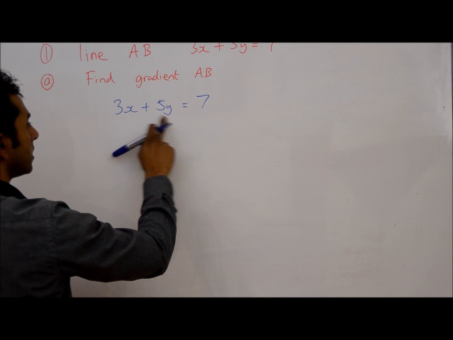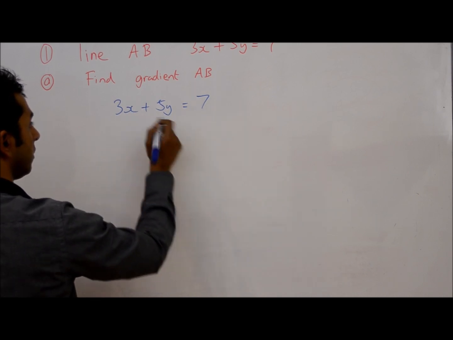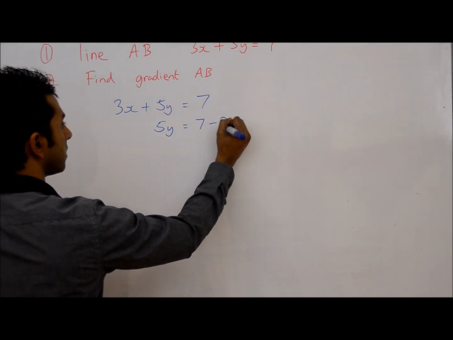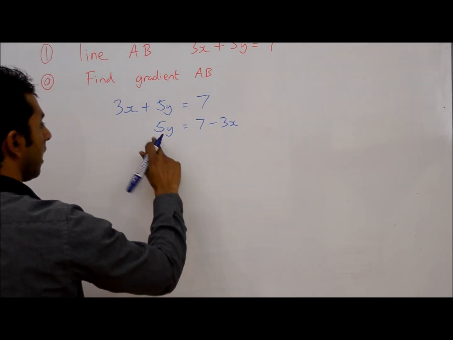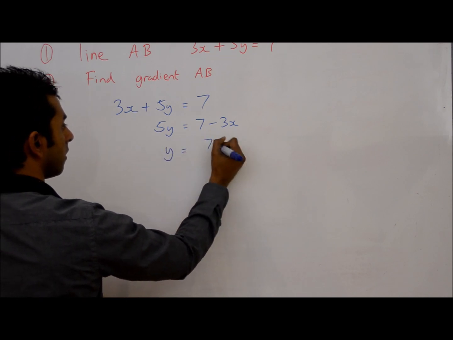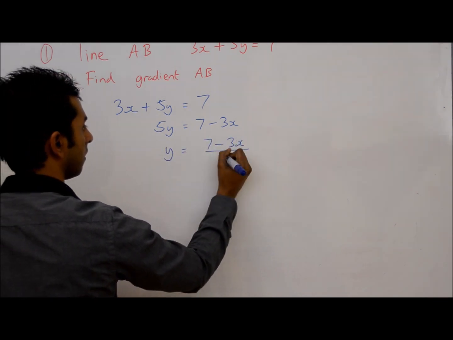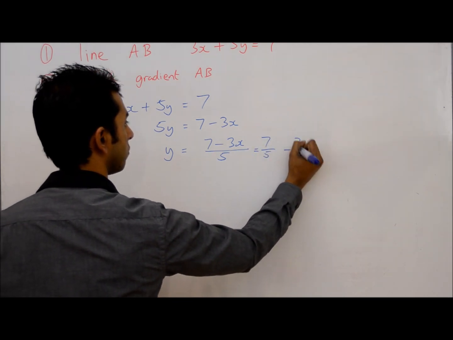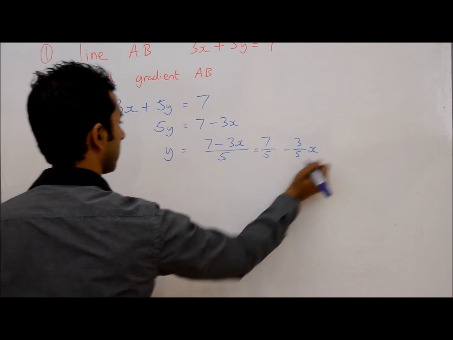We need to make y the subject, so let's move the 3x across. So we end up with 5y equals 7 minus 3x. And to get y on its own we need to divide by 5. Which is 7 over 5 minus 3 over 5x.